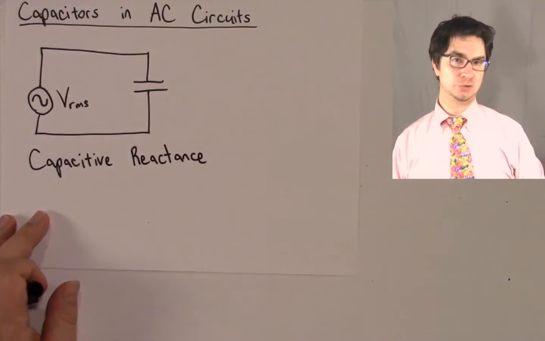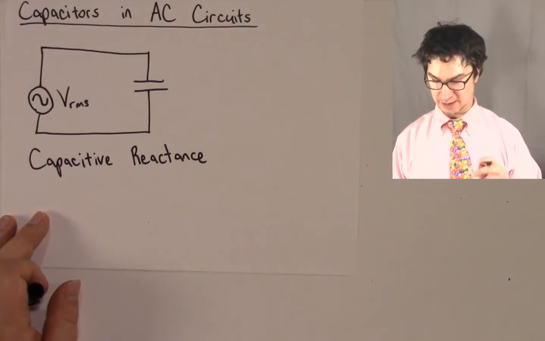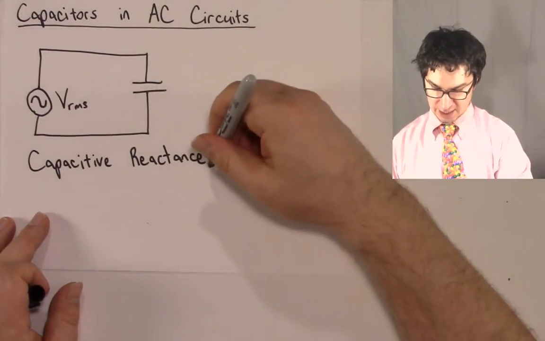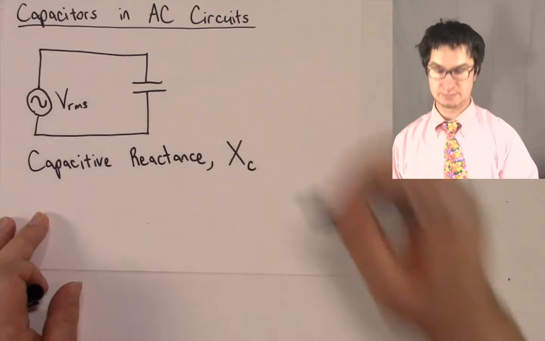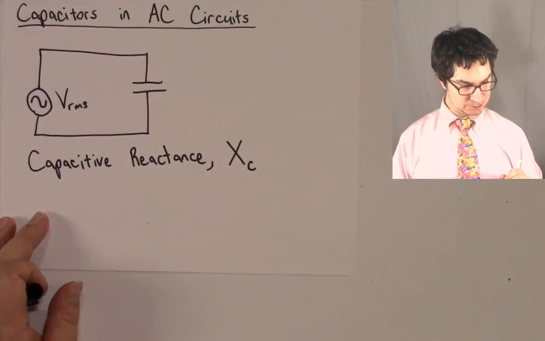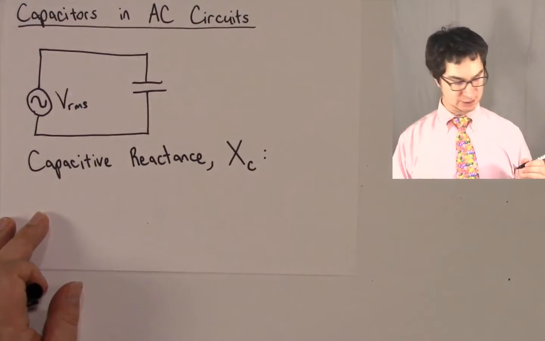We can't call it resistance because resistance is specifically for resistors. The capacitive reactance is X sub C. And the definition of the capacitive reactance is this.